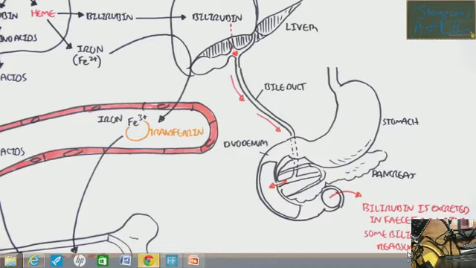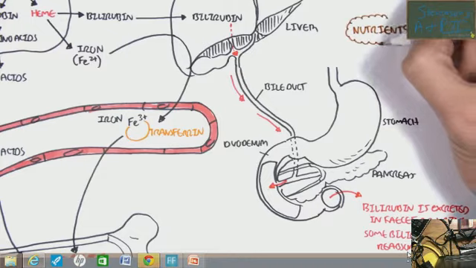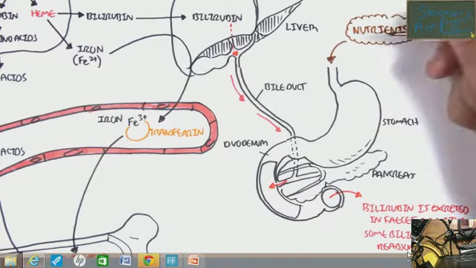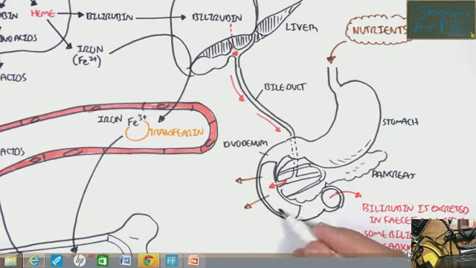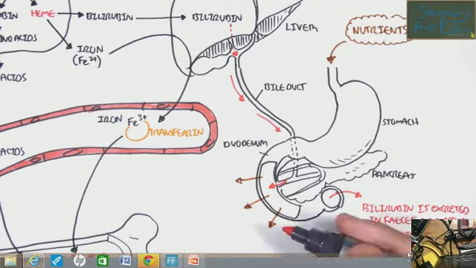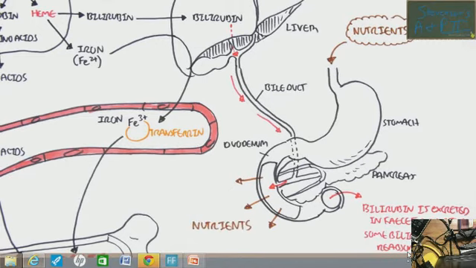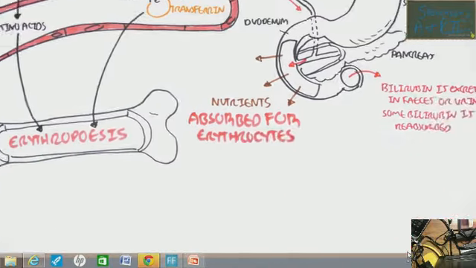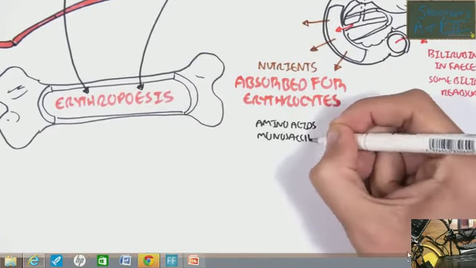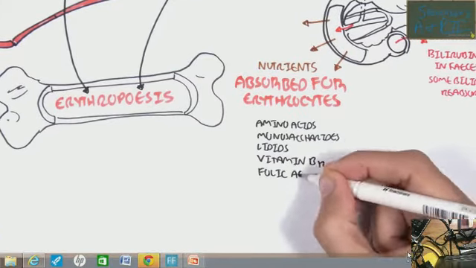Now that we're in this picture of the stomach and small intestine, it's important to note that when we eat, some of the nutrients are important in red blood cell production. They are absorbed in the small intestine. So nutrients absorbed for erythropoiesis include amino acids, monosaccharides, lipids, vitamin B12, folic acid, and iron.